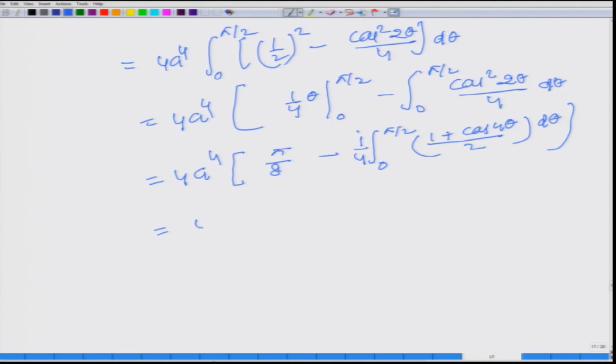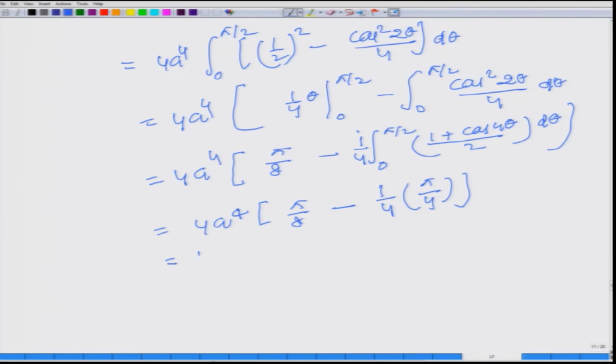So, this is 4 a to the power 4 times pi by 8 minus 1 by 4 into pi by 4, because integration of cos 4 theta will give 0.